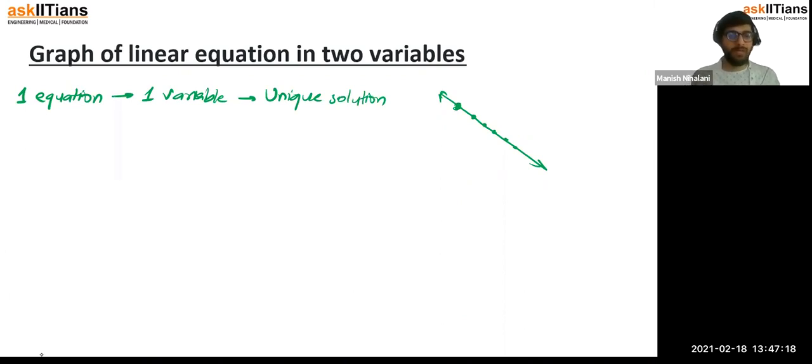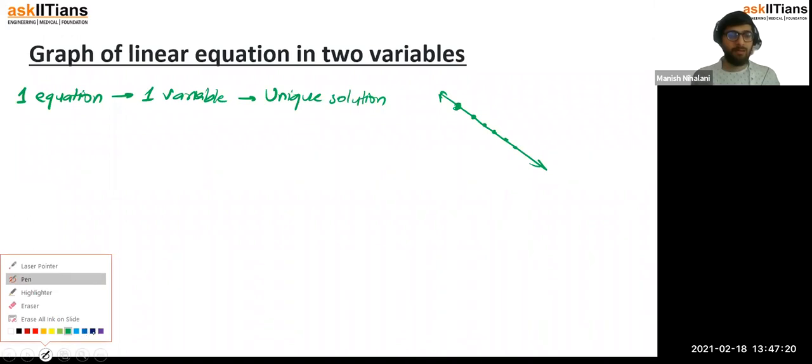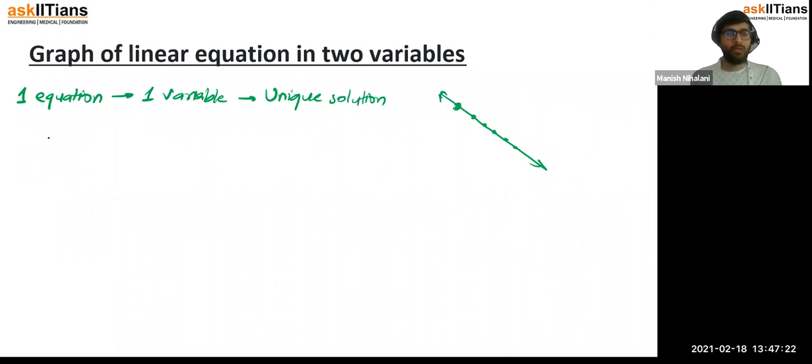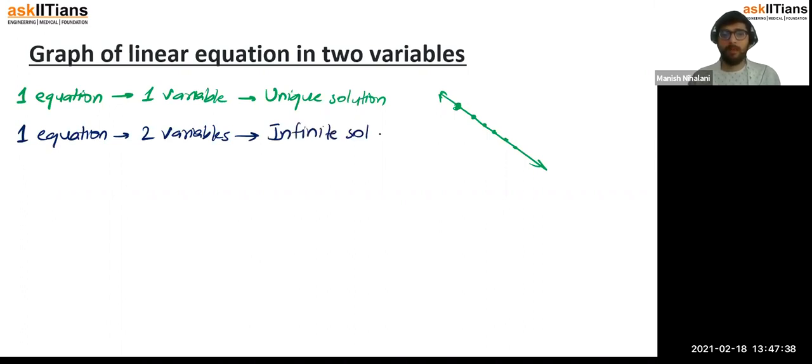But when we have one equation and two variables, we would basically get infinite solutions, right? We would get infinite solutions because there are two variables, so points keep changing, right? As I said, infinite points.